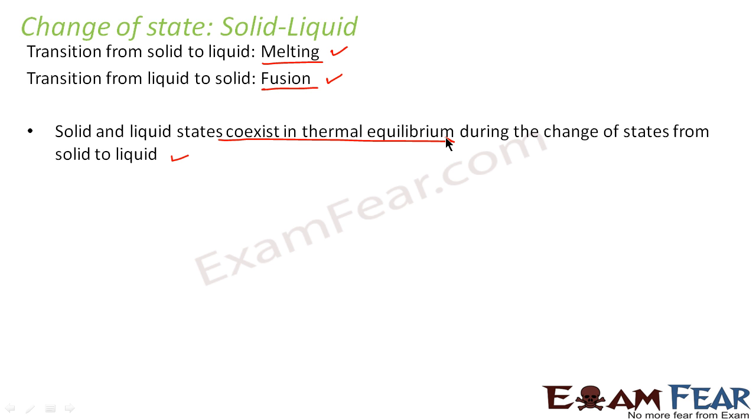That means the solid state and the liquid state, both the states exist together. Now, the scenario when both the states exist together, we say that the substance is in thermal equilibrium. Thermal equilibrium means there is no loss of heat or no gain of heat into the system. So, under thermal equilibrium, the solid state and the liquid state exist together.